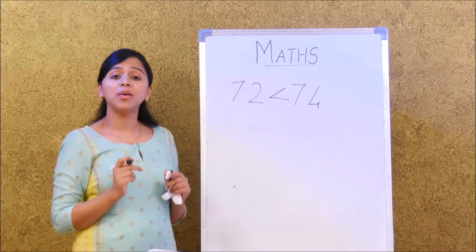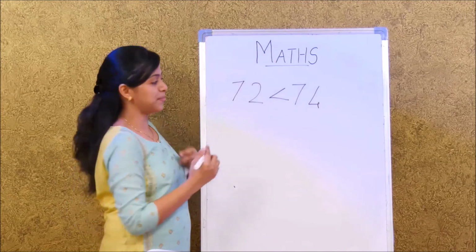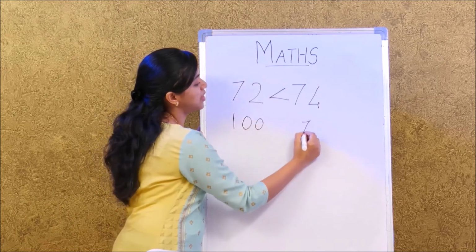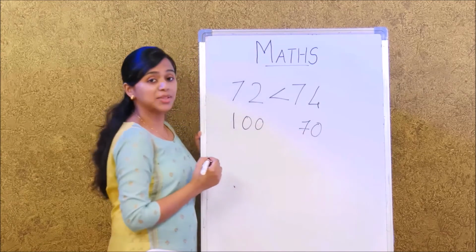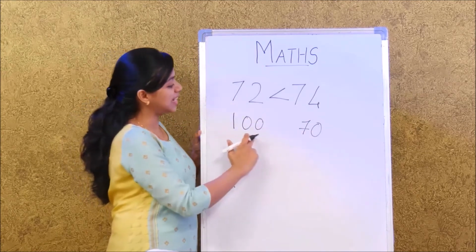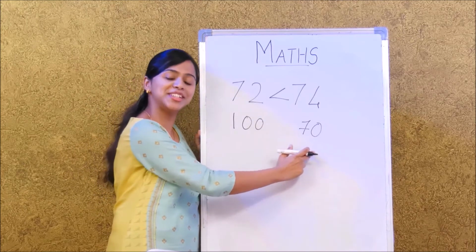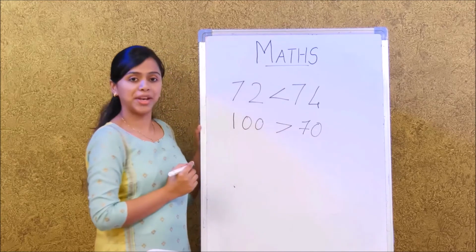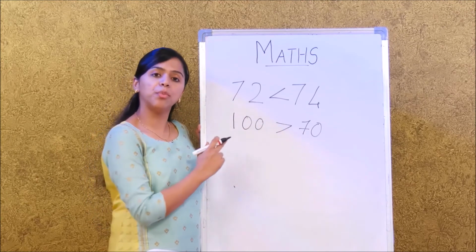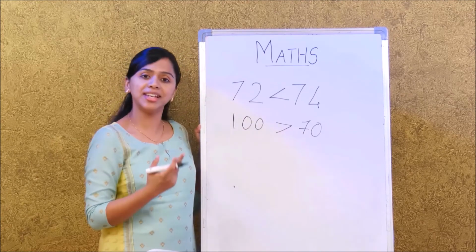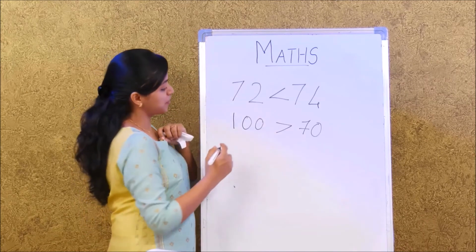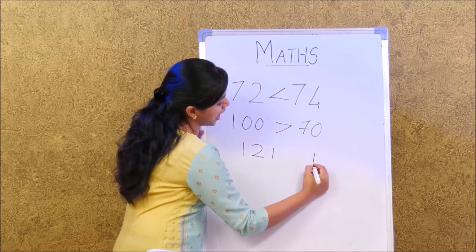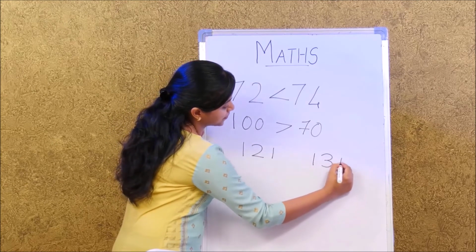Very good. Now let's look at 3-digit numbers. If we have 100 and 70, it's quite easy, right? Because there are 3 digits here and only 2 digits there. So which is greater? 100 is greater. Very good. Now what if both the numbers have 3 digits? For example, 121 and 131.